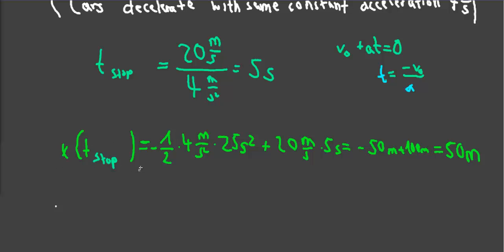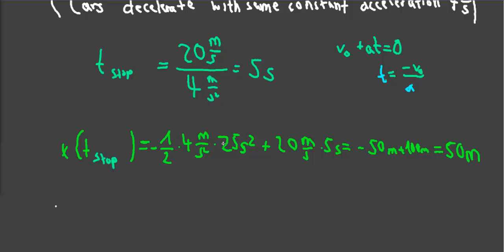We calculate it with the formula 1/2 a t squared plus v0 times t plus x0. So this is 1/2, the minus 4 meters per second squared is a, the 5 seconds squared is t squared, this is v0, this is t, and there's no x0 for the first car, only for the second.